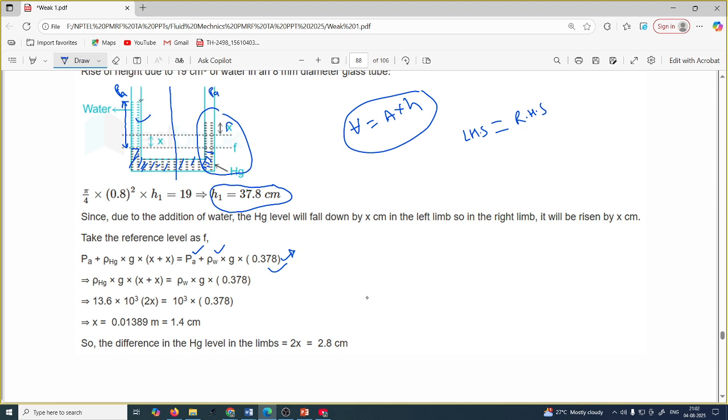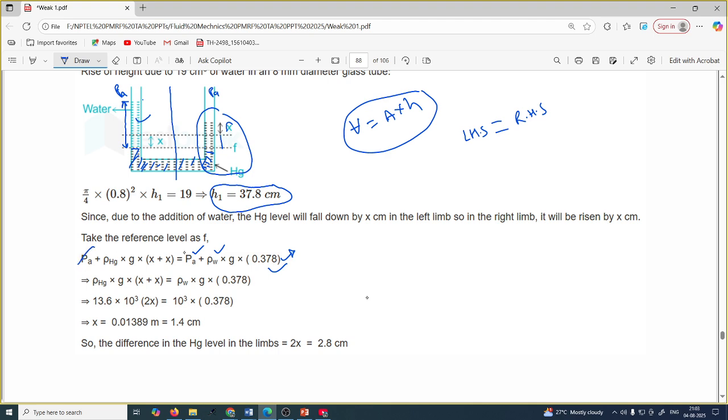So once you put this much height of water, a small amount of height will fall in the mercury and a small amount will increase on the other side, as you can see. That's why x falls here and x increases there, both are equal. So for the right limb it is rho, g, and x plus x, so it is 2x.